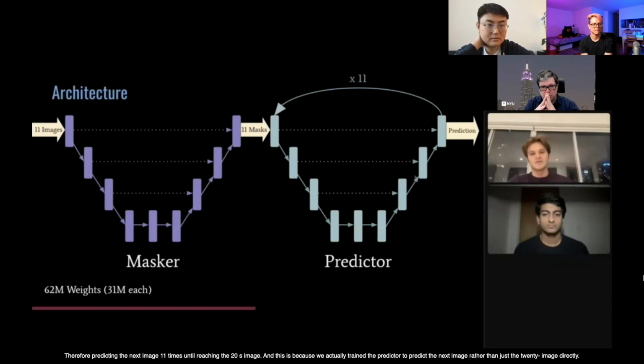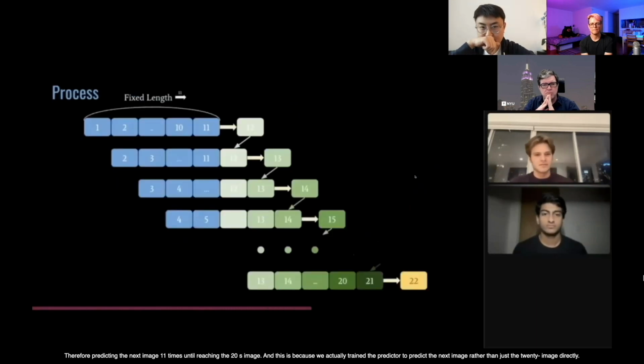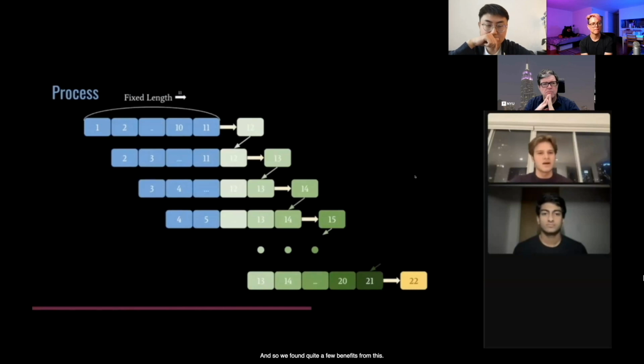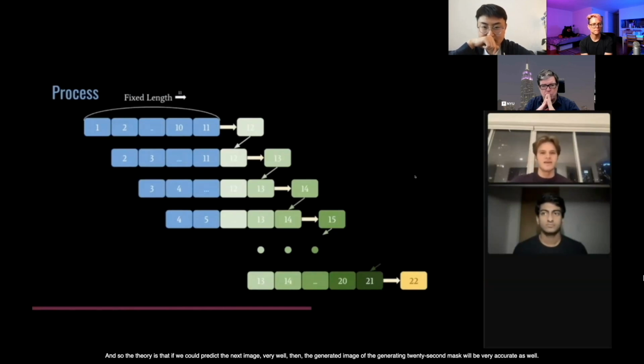This is because we trained the predictor to predict the next image rather than just the 22nd image directly. We found quite a few benefits from this. The theory is that if we can predict the next image very well, then the generated 22nd mask will be very accurate as well.